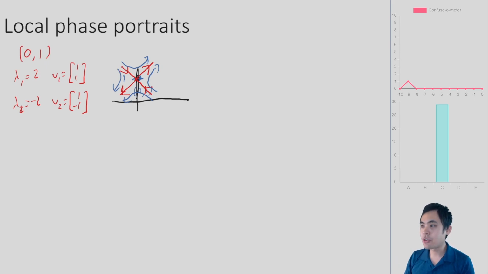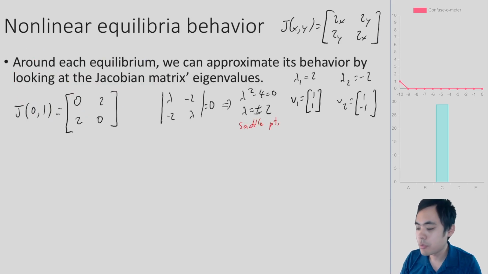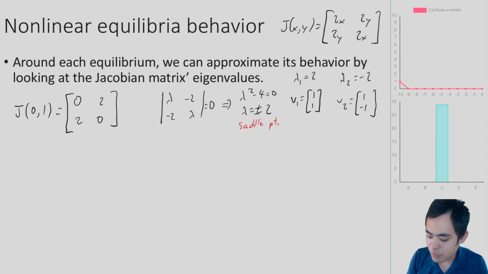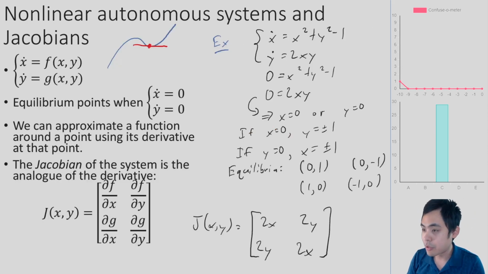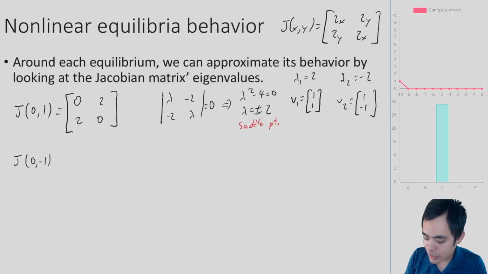And we can do this for all the various equilibrium points. So that was the equilibrium point (0, 1). What about the equilibrium point (0, -1), which was one of the other equilibria that we computed on the previous slide? In order to do that, we take a look at this matrix. When we plug in minus 1 for y and 0 for x, we get [0, -2; -2, 0].